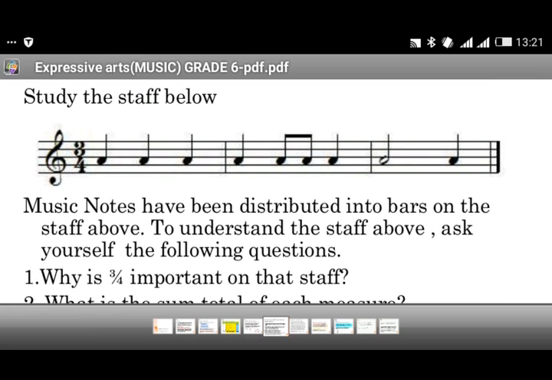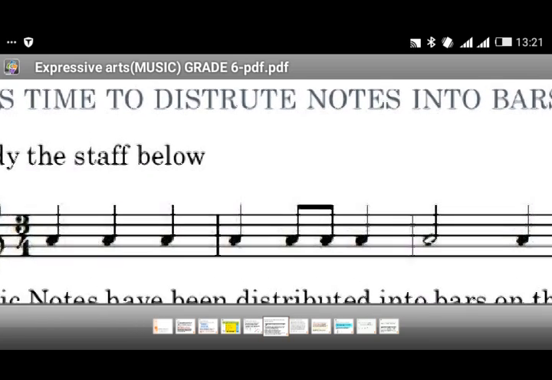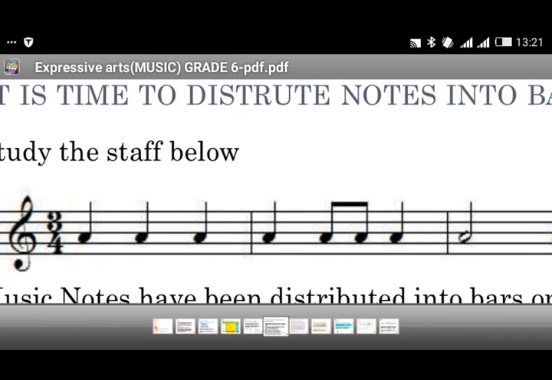The first question is saying, why is 3/4 important on that staff? Let's see. 3/4 is important because it's a time signature to guide us on how to distribute these notes into bars. And we said the number to use is the number on top. Here the number on top is 3, meaning in each measure or bar you should have how many beats? 3 beats or 3 counts.